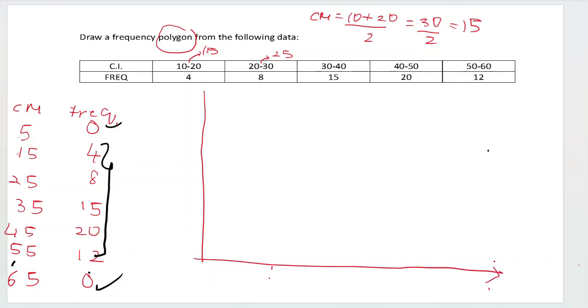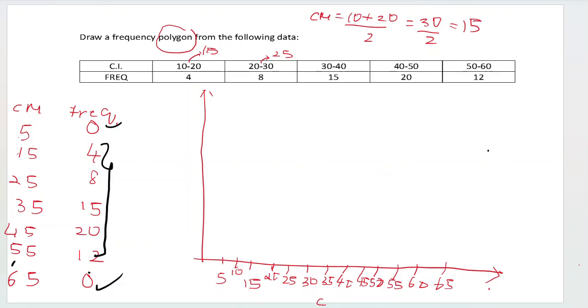On the x-axis we mark the class marks 5, 10, 15, 20, 25, 30, 35, 40, 45, 50, 55, 60, 65.